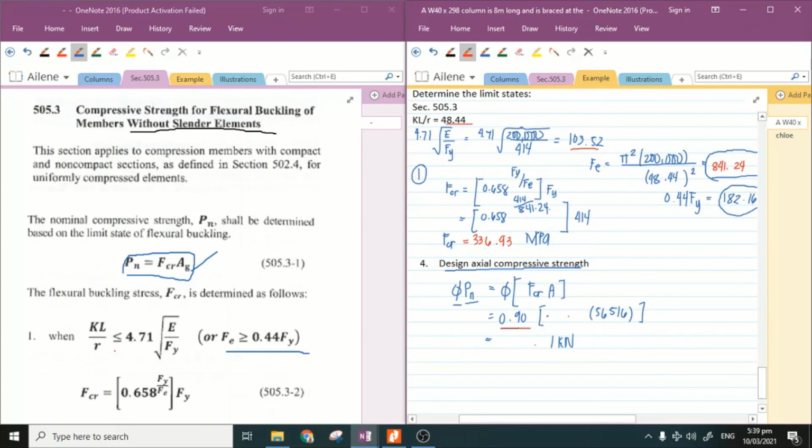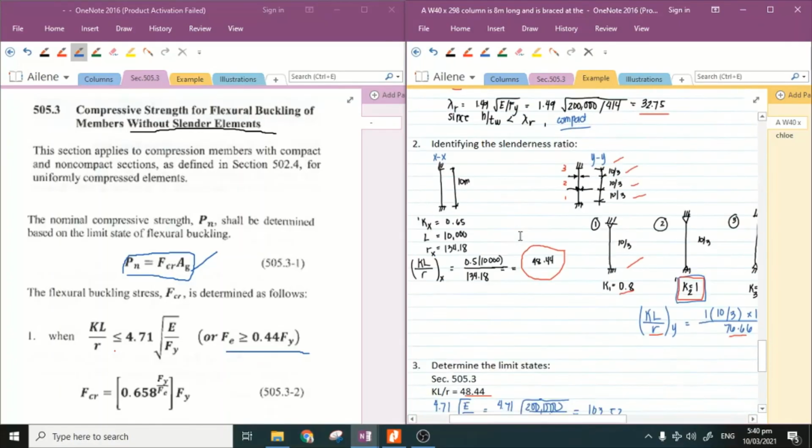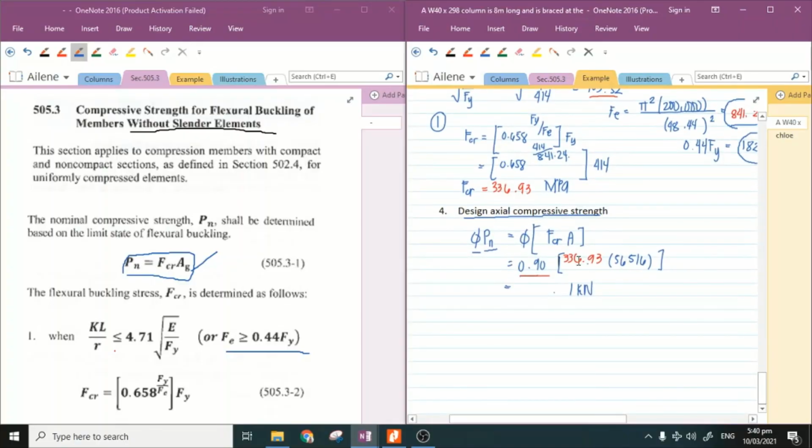Yung FCR natin is 336.93, and then yung gross area natin, given na din dito, we have 56,516 mm squared. Kapag minultiply lang natin to, since megapascal to, naka-newton yung magiging answer. So, 0.9 multiplied by 336.93 times 56,516, that is 17.14 times 10 raised to 6 Newton. So, ito na yung design axial compressive strength nung section natin.